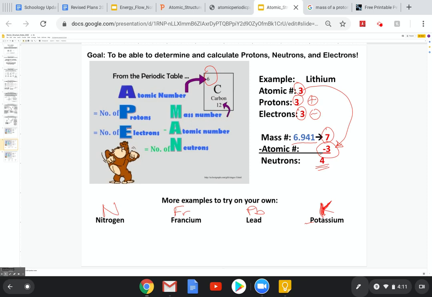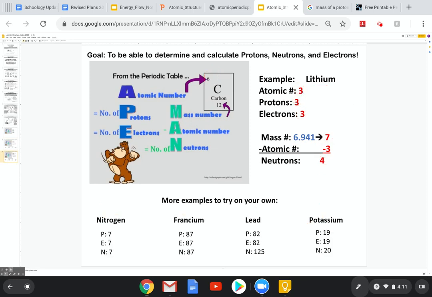All right, so 3, 2, 1. Make sure that you're doing your 8-man. You're able to figure out the amount of protons, electrons, and neutrons. Now, a few things that I want to point out about these answers before we wrap up. Protons, again, I'm going to keep stressing it, are positive. Electrons are negative. They always cancel out. They always have the same number. Our positive and our negative are always going to be the same number throughout this entire thing.